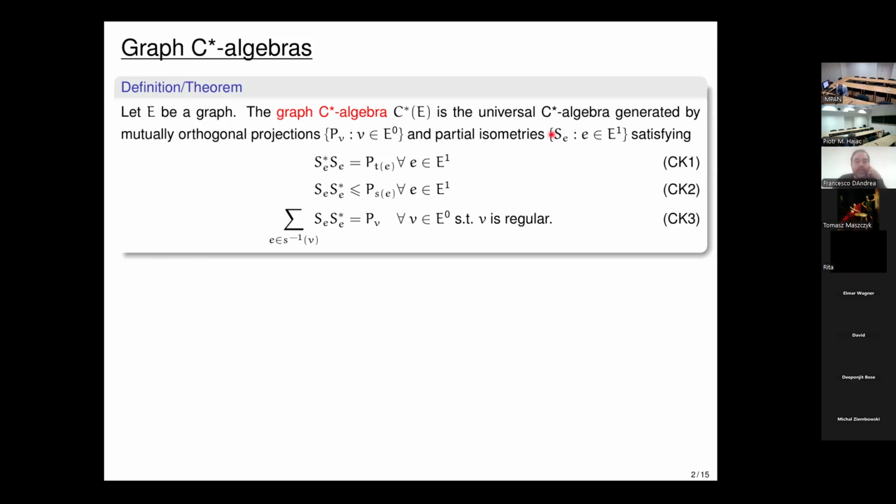And you have some relations. These are denoted CK1, CK2, CK3, where CK stands for Cuntz-Krieger.